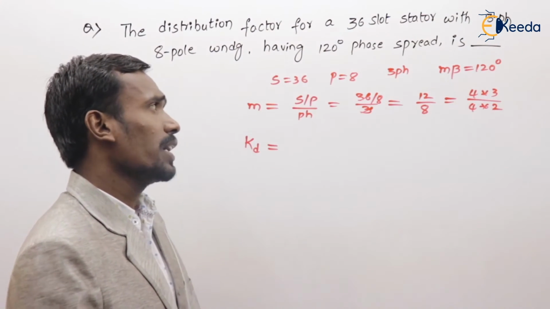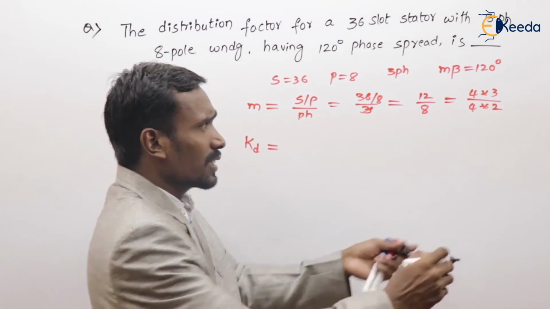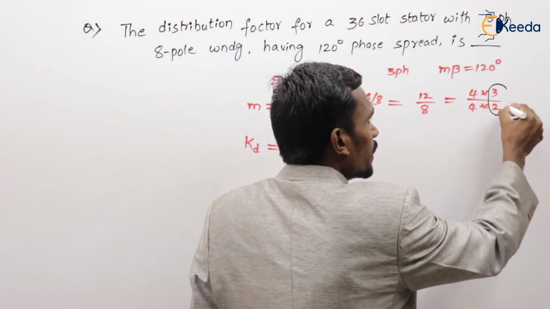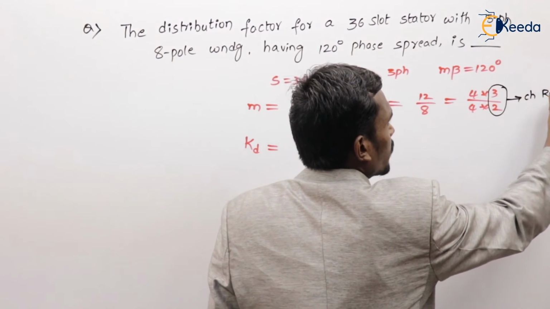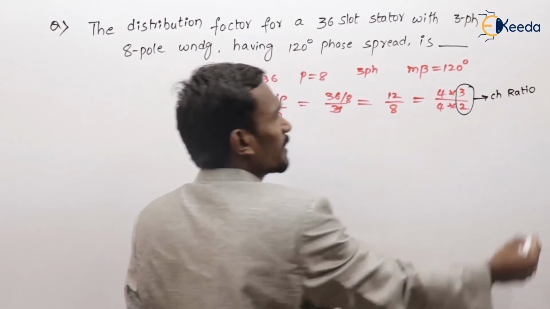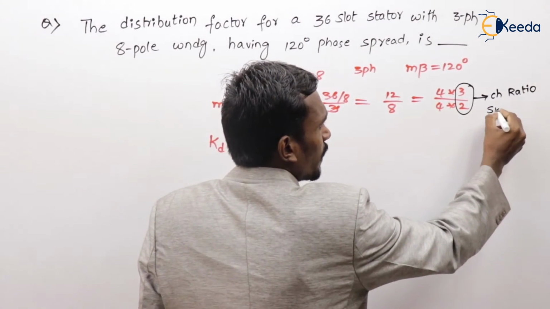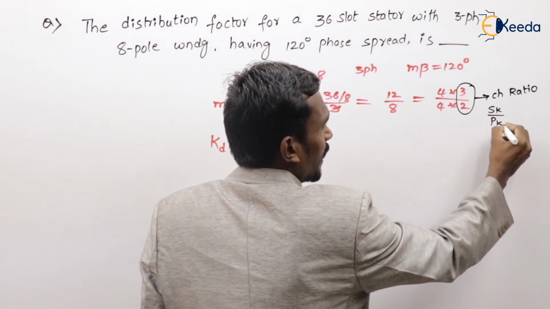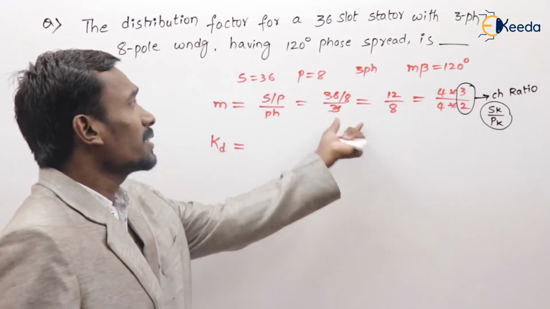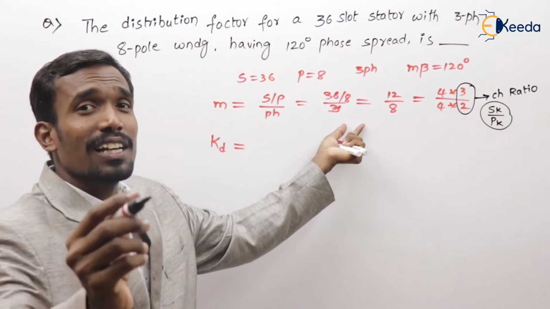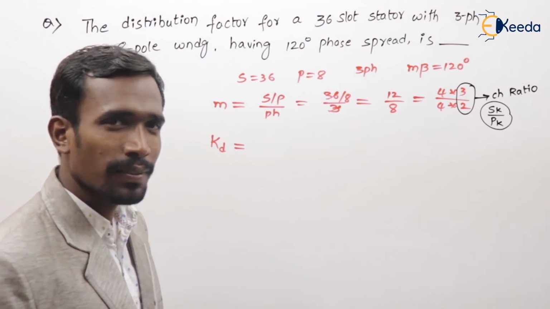This 3 by 2 is called the characteristic ratio, SK by PK. This is a fractional slot winding. This is not an integral slot winding.